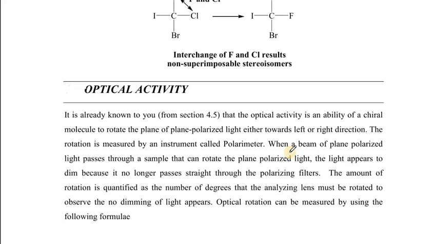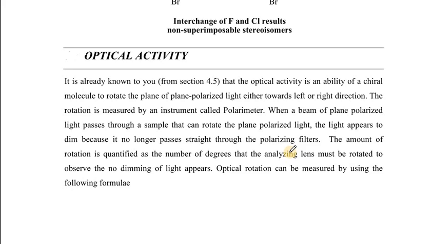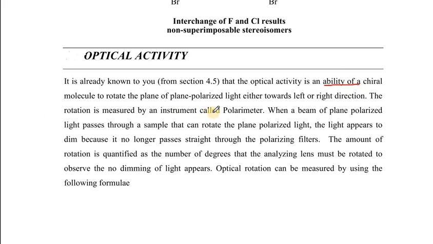It is a property of a molecule, or we can say it is the ability of a molecule to rotate the plane of plane polarized light either towards the left or right direction. The definition of optical activity is very important, and as we have already done, it can be measured by an instrument called a polarimeter.